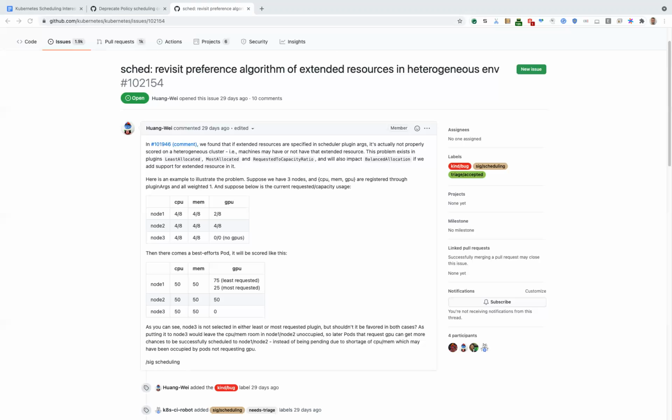Then how do we score which one is better? So we just look at the difference. In this case, when you have more than 2 resources, we look at the deviation, the standard deviation. If the deviation is higher, then the score is lower.